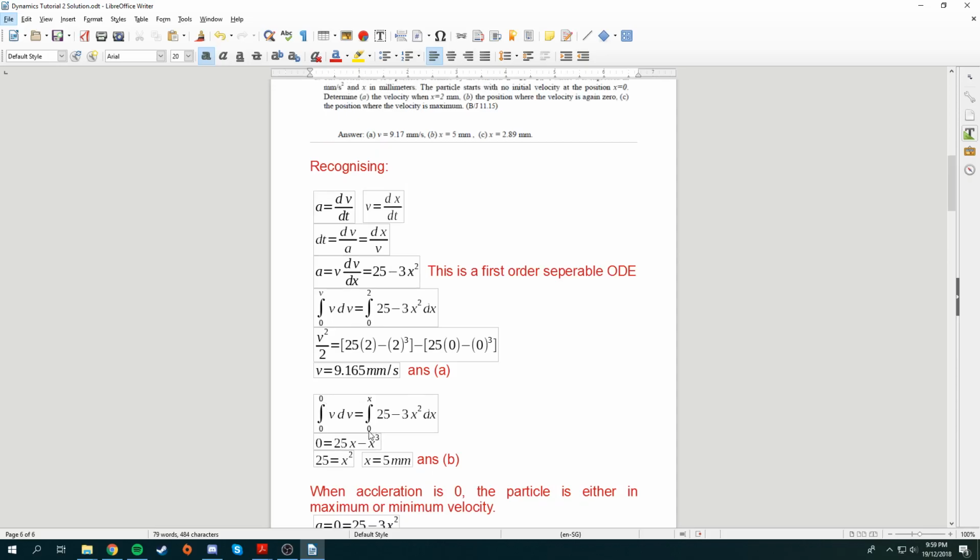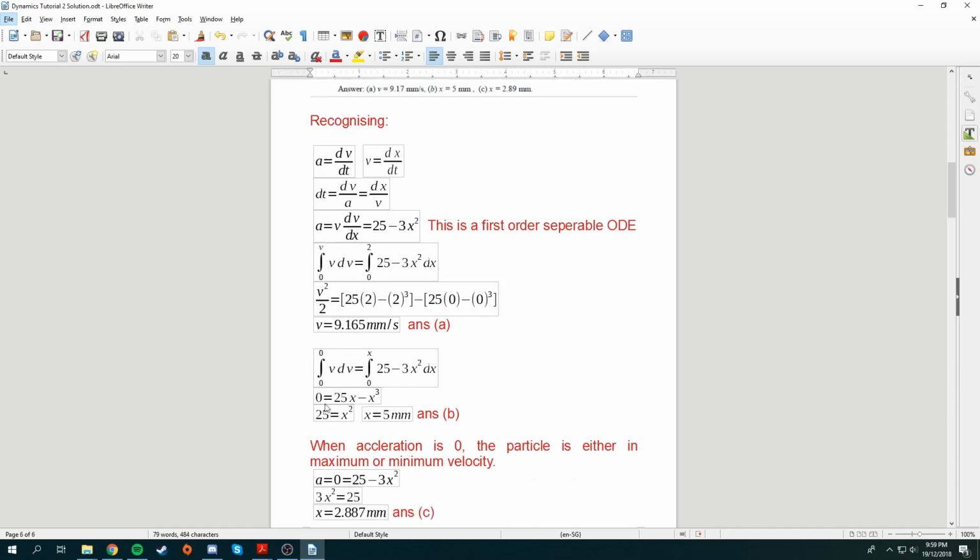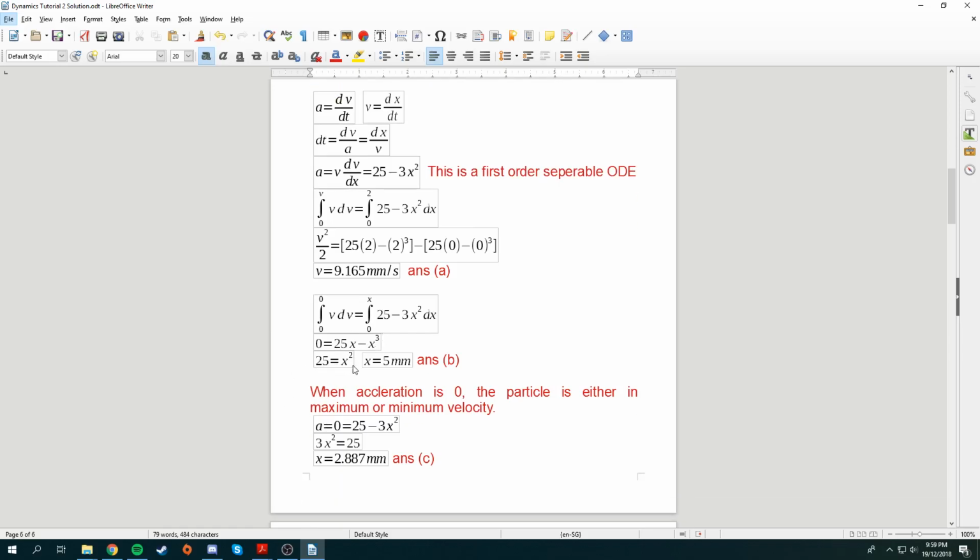We know it starts from 0 displacement, and we're trying to find at which displacement it has a velocity of 0, so we input x over here. When we do the integral, we get 0 equals 25x minus x cubed. Then we bring negative x cubed to the left side and we get 25 equals x squared, and x equals 5 mm.